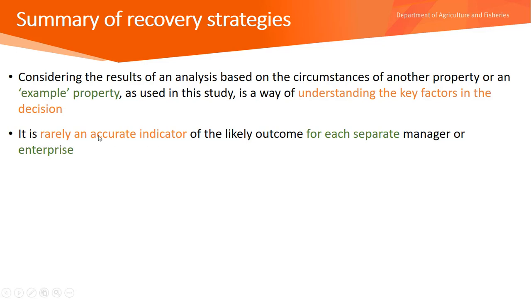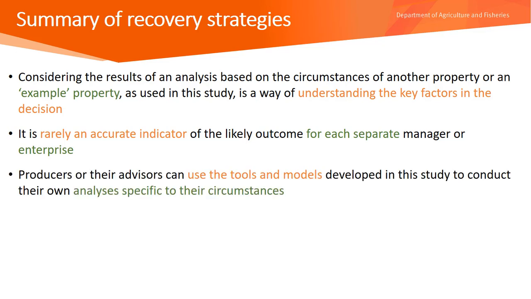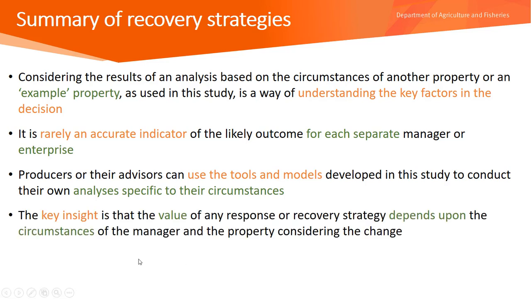So there's a very large concern there that you can't see these results and say, oh, well, I'll go that way. No, you've got to do your own sums. So producers or people who advise managers can use the tools and models to do the same thing that we did. We can conduct an analysis, but it's got to be specific to their circumstances.